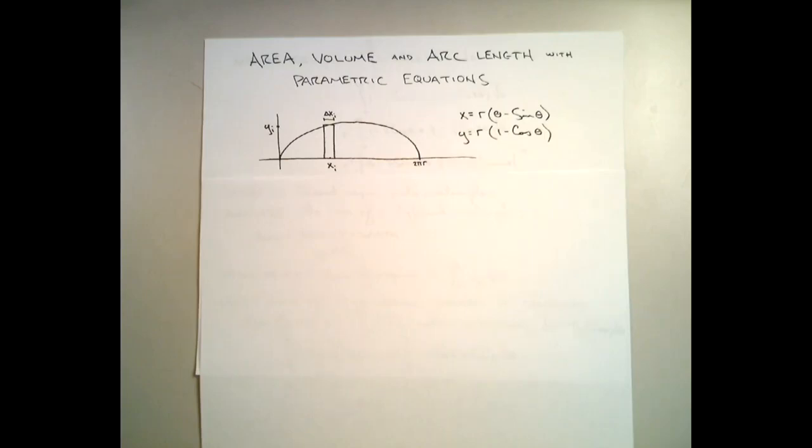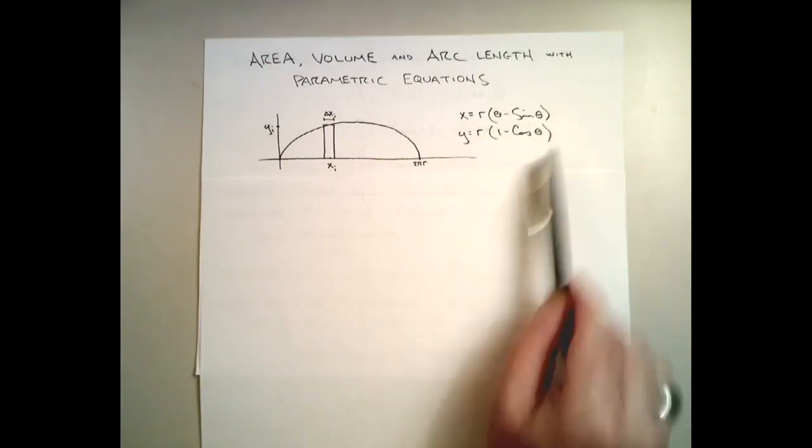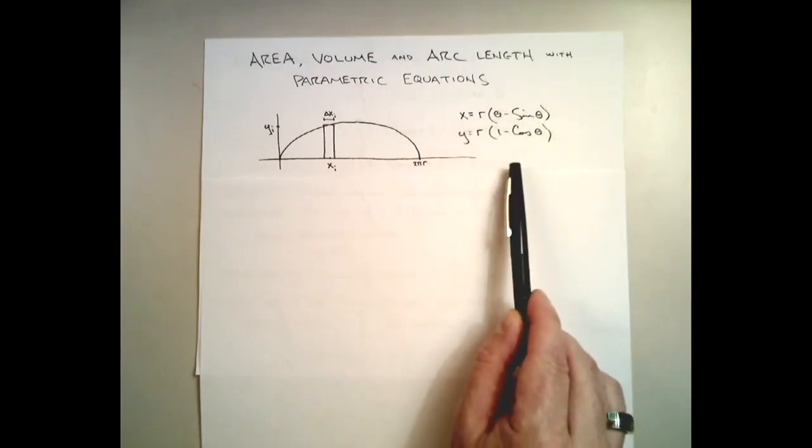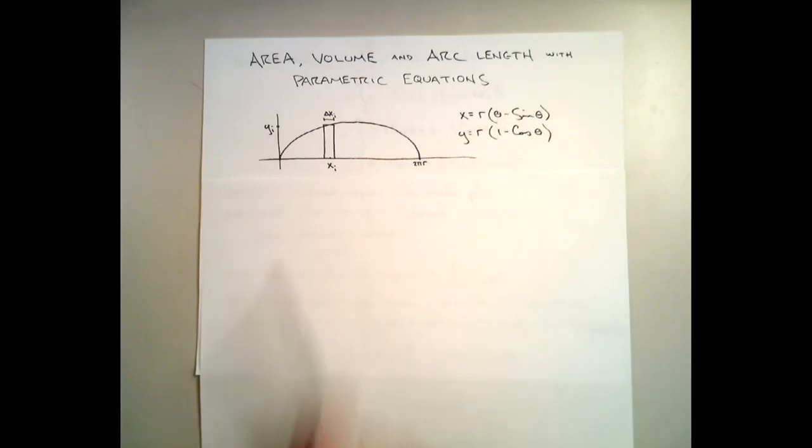So it's not the cycloid that we're really interested in, it's the calculus that we're performing using the example of the cycloid. So as a reminder, here are the parametric equations that we developed several videos ago that gave us this curve that we called the cycloid.